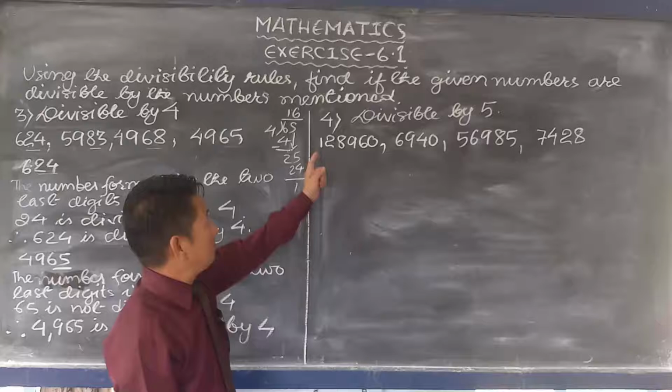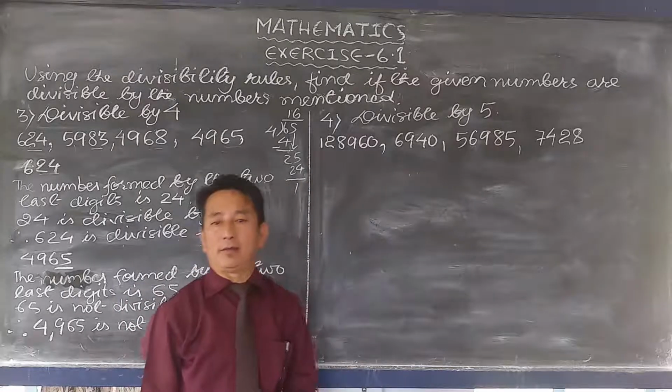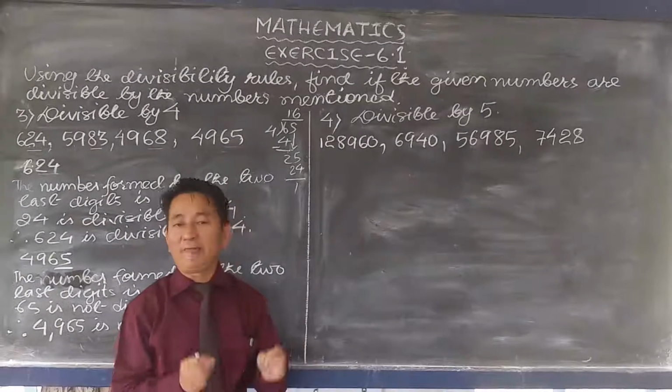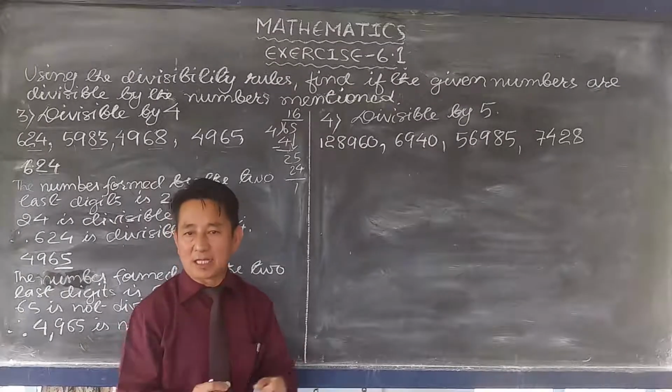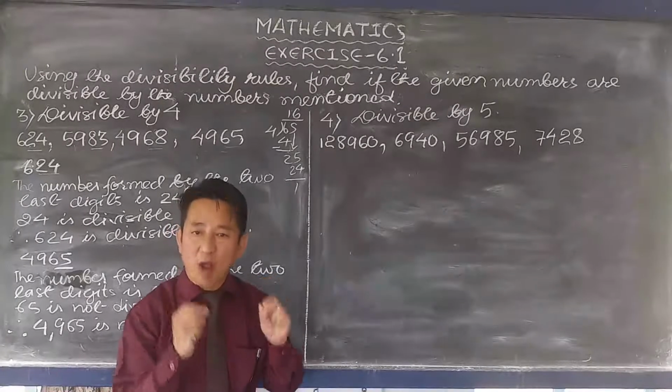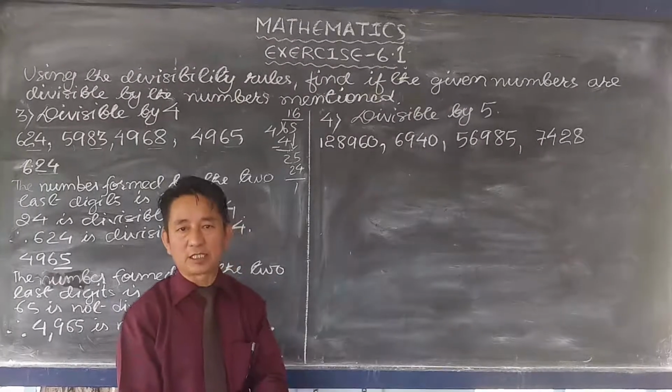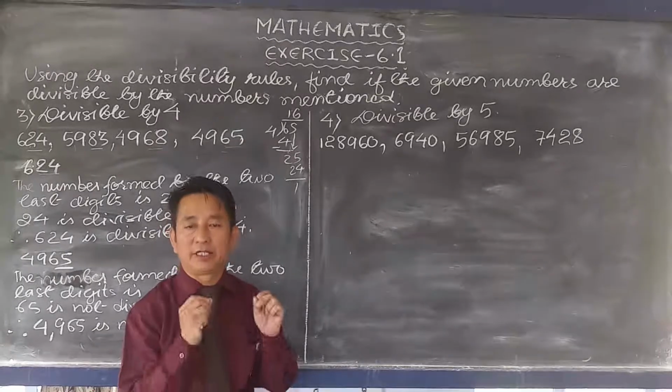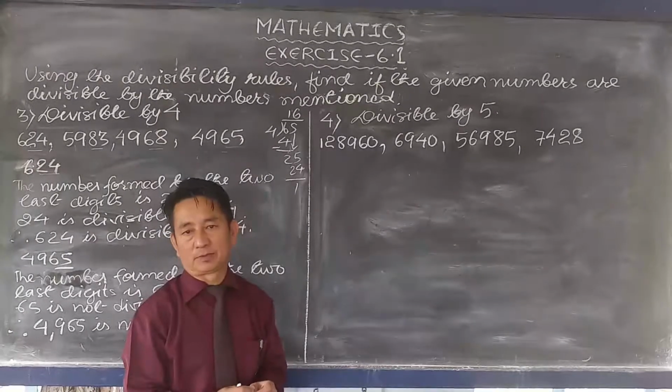Now next question number 4, divisible by 5. Suppose if a number has 0 or 5 in its ones or unit place, that number is divisible by 5.